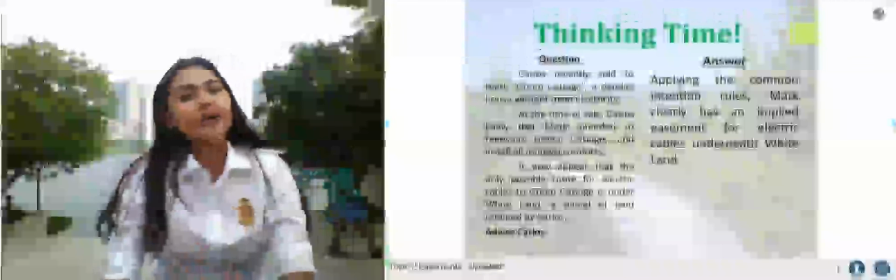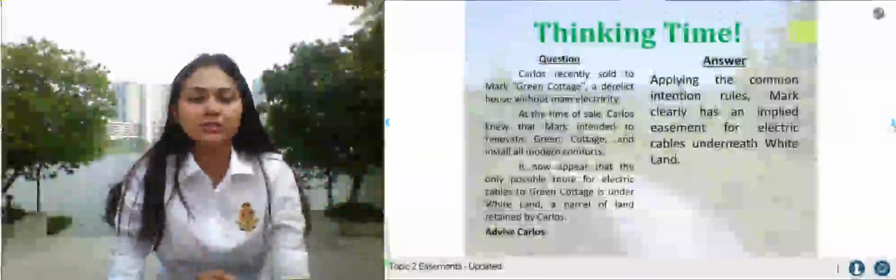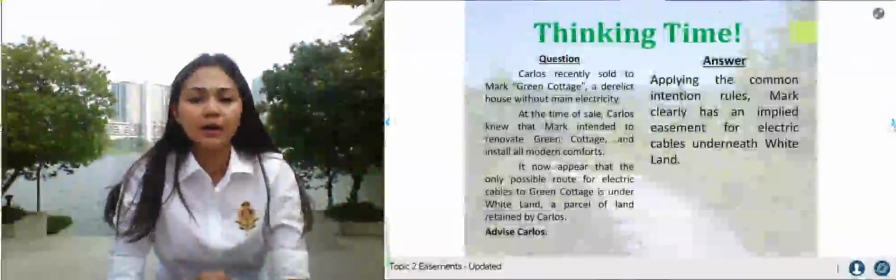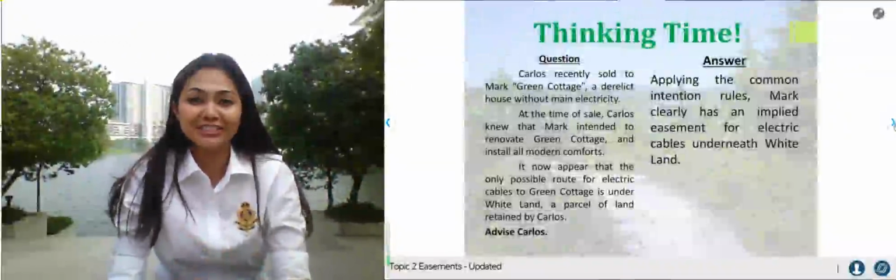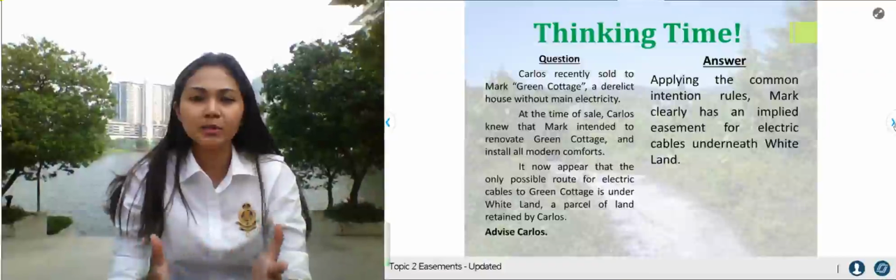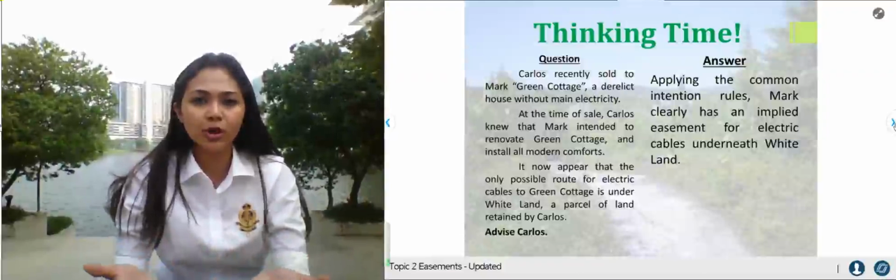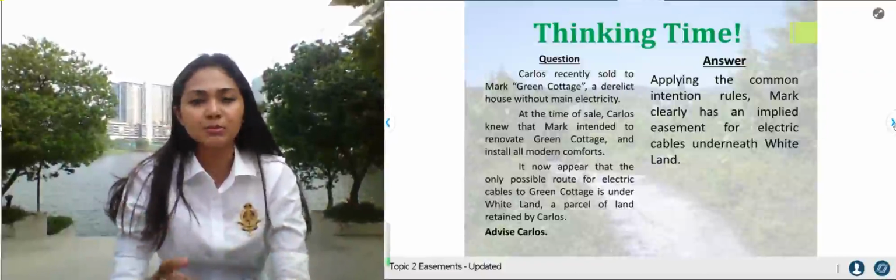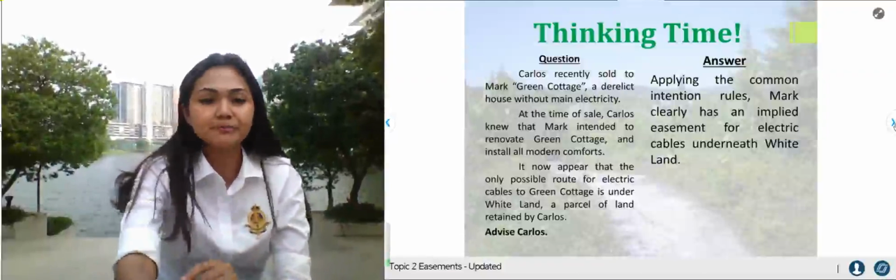So here I give you a fictitious situation which has already been highlighted in the video just now. Applying the common intention rule, if you have an understanding between two people that without the electric cables you can't proceed with your work, the court said that an easement can exist by way of common intention.